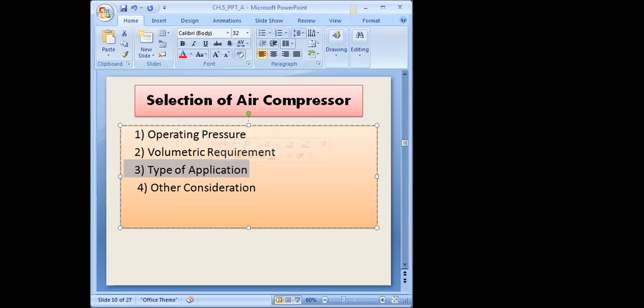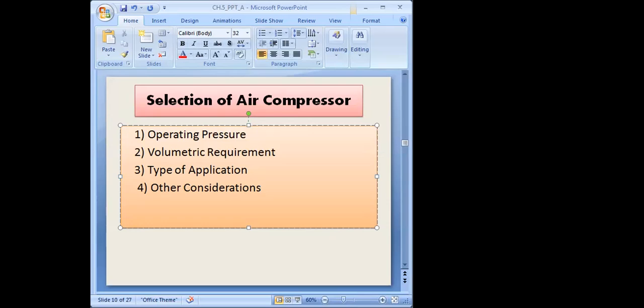And the last one is other considerations. So what do other considerations mean? This involves investment: initial cost, then operation cost, then maintenance cost, and the reliability of the compressor to be selected.